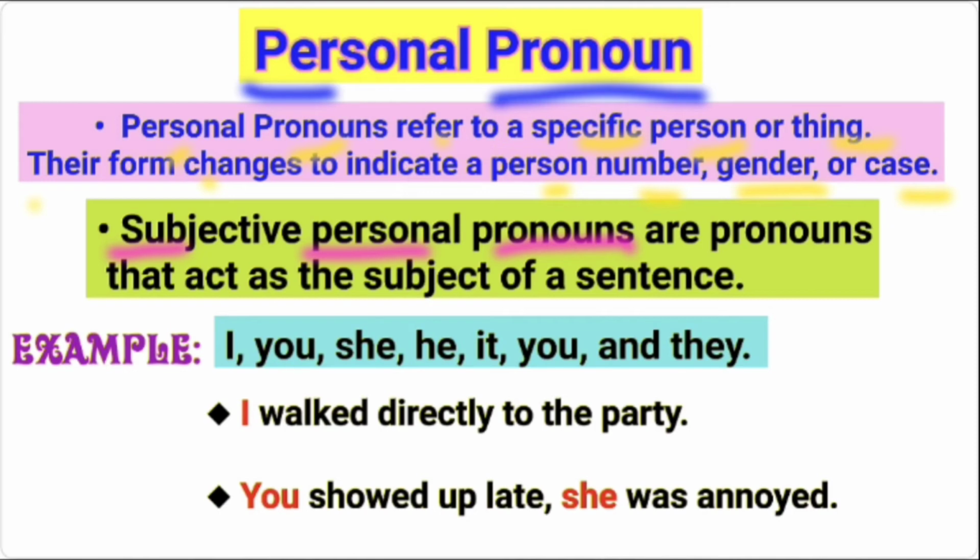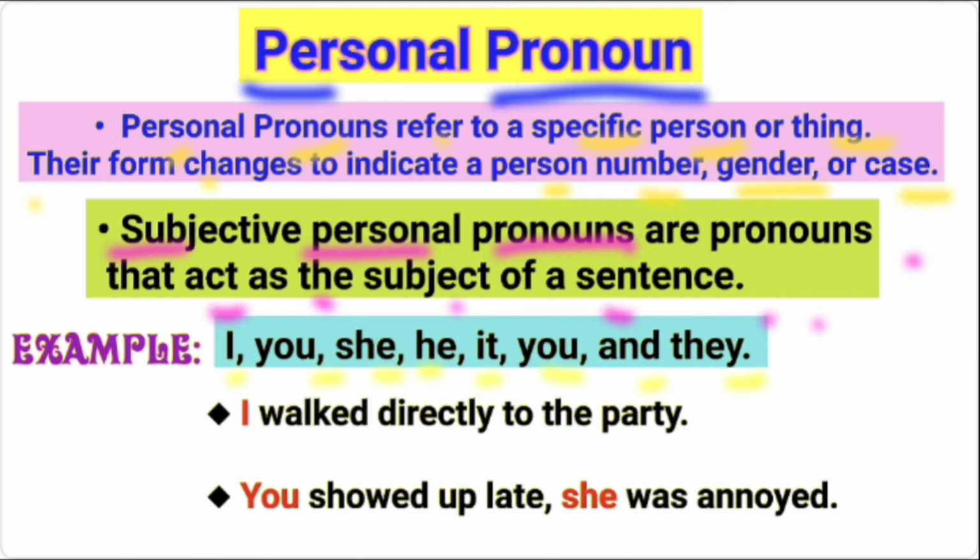Subjective personal pronouns are pronouns that act as the subject of a sentence, such as I, you, she, he, it, we, and they. They are the examples of subjective personal pronouns.